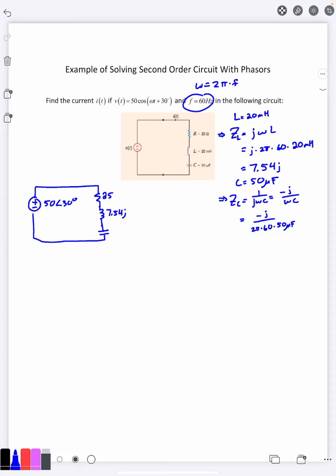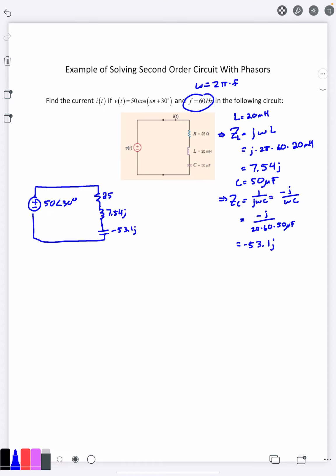So we're going to have 2 times pi times 60 times 0.00005. And then we do the reciprocal of all of that, and we are going to get negative 53.1 j. So that gives us our impedances here.